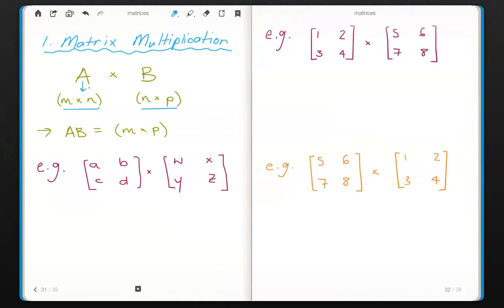That's A and B. In order to be able to multiply two matrices in this order, A times B, the two inside elements need to be equal. So the number of columns in the first matrix needs to be equal to the number of rows in the second matrix. And this is really important.